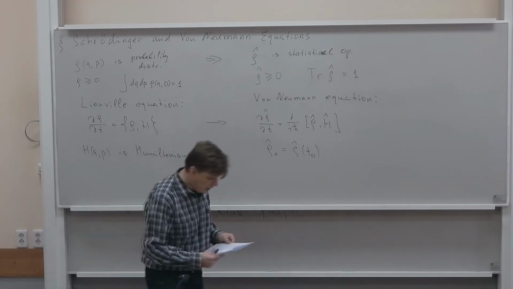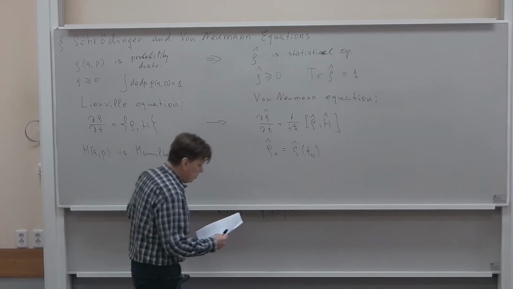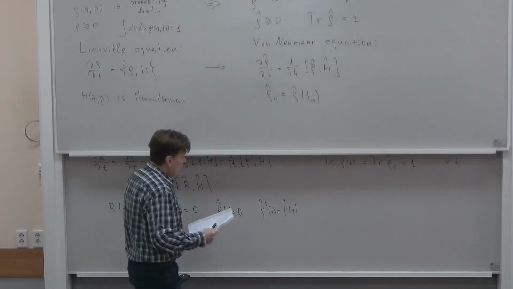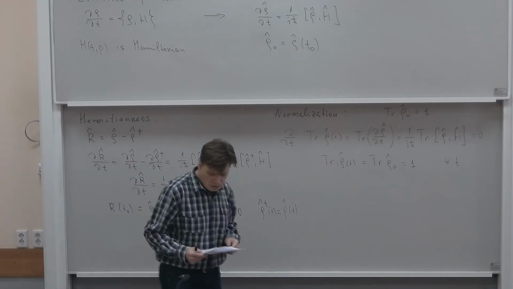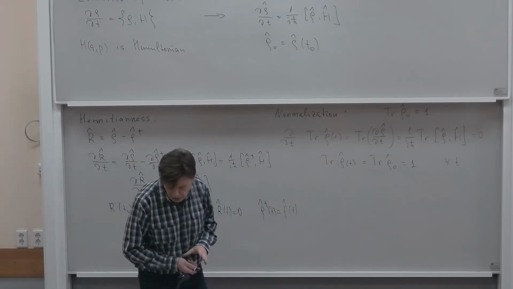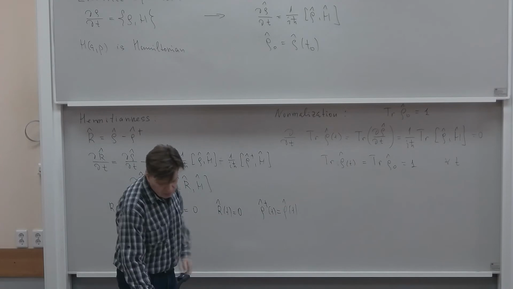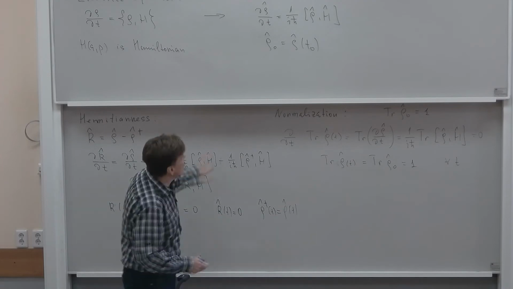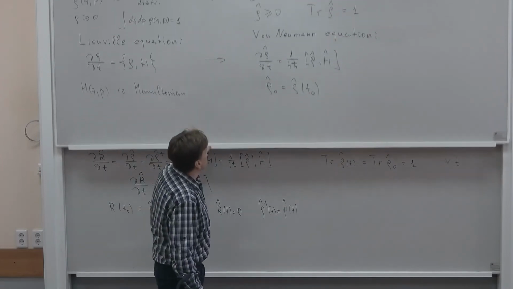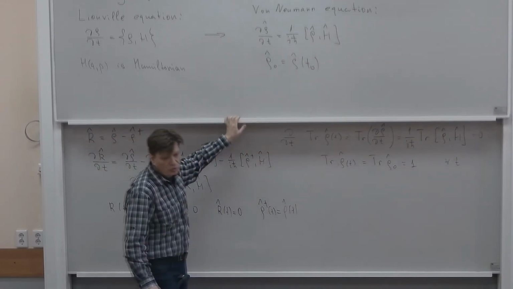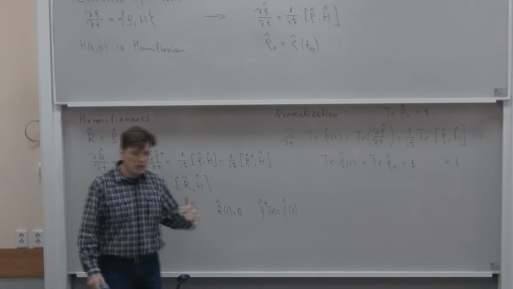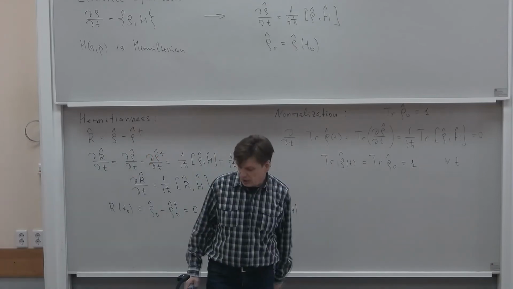At the time being, let me note that if the initial state rho naught is pure, then so are all the subsequent states resulting from the von Neumann equation. So pure states evolve to pure states.